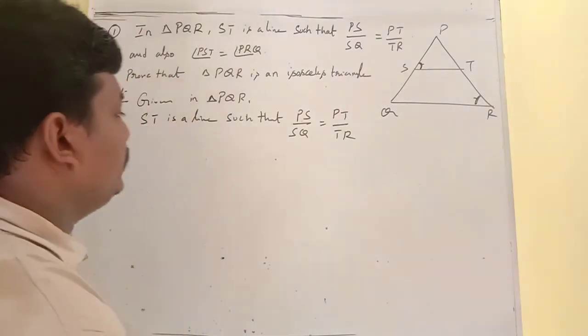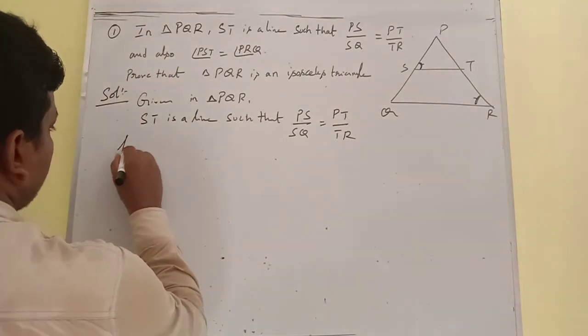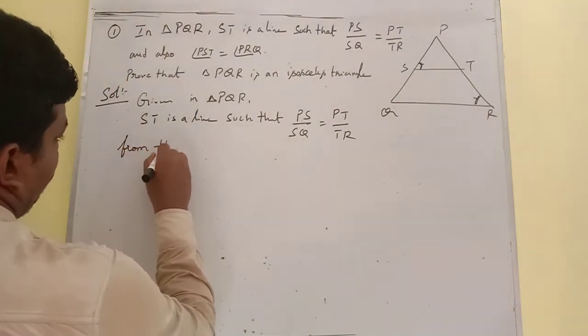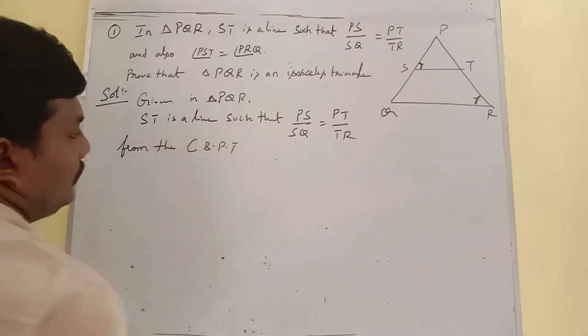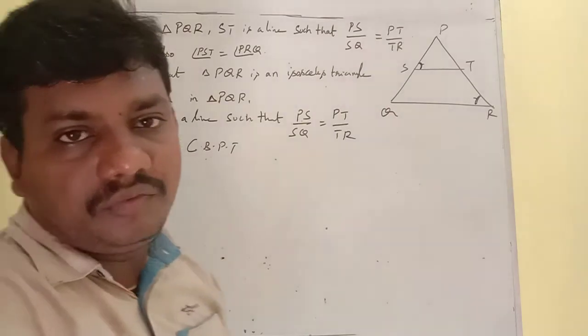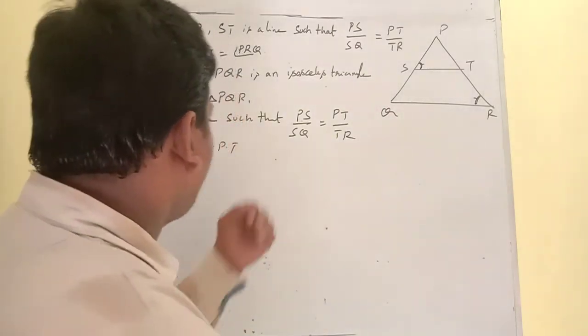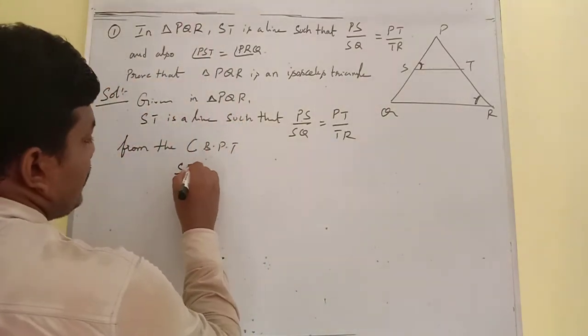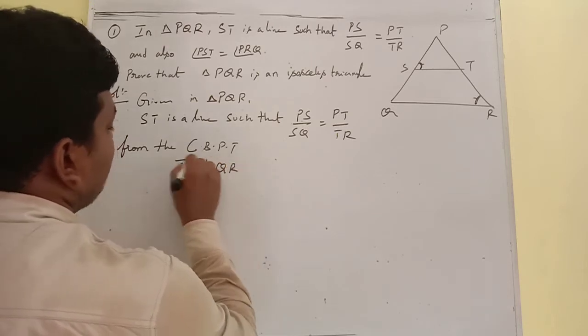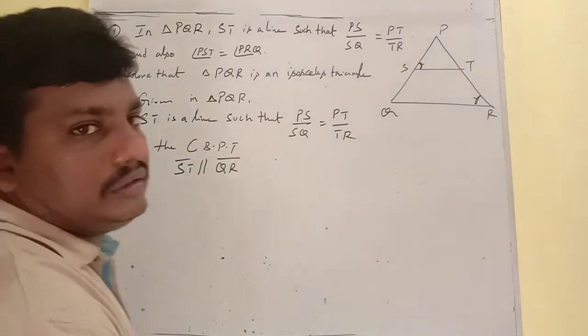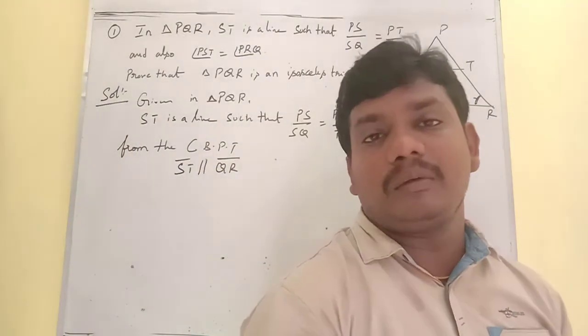This is from the converse of the basic proportionality theorem, CBPT. We conclude that ST is parallel to QR, since the converse of the basic proportionality theorem.